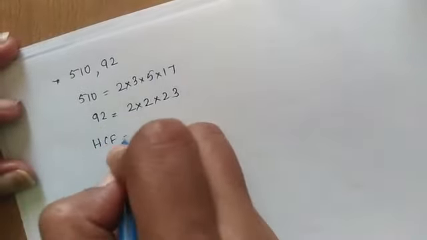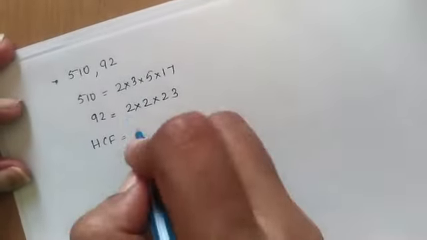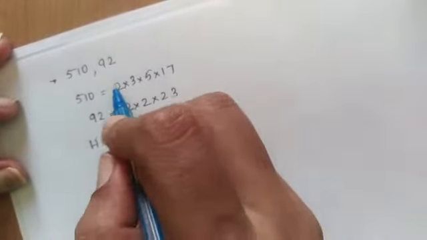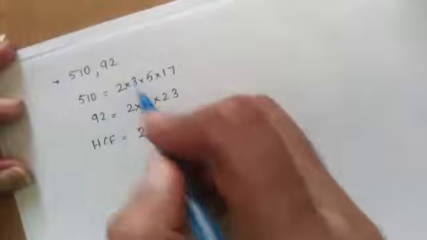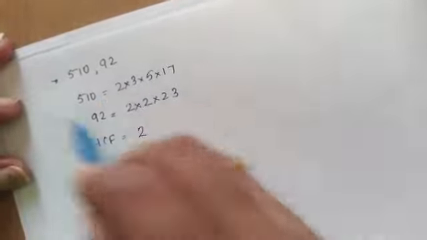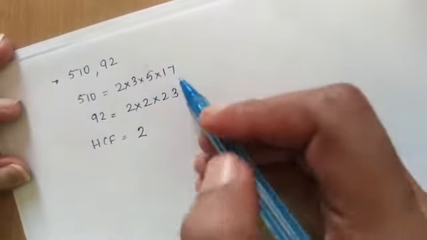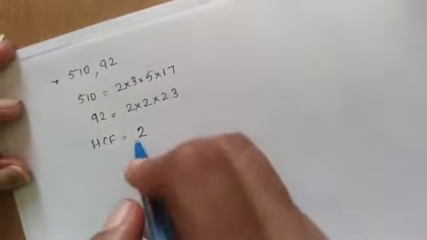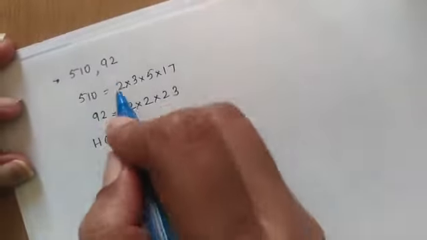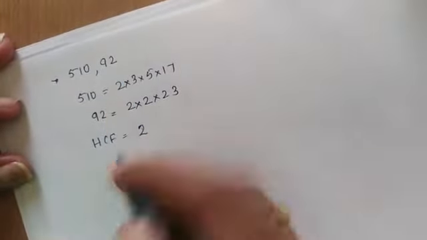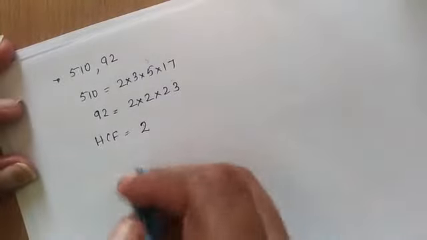HCF is the smallest common factor. Here 2 square, here 2, so 2. 3 is not present in both cases, only 510 has factor 3. 5 is also only present here. 17 and 23 are also not common. So the only common factor is 2 and the smallest power is 2 raised to 1. So we take HCF as 2.